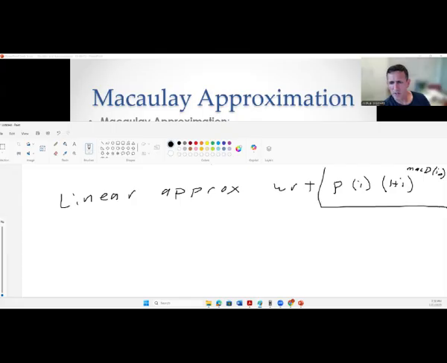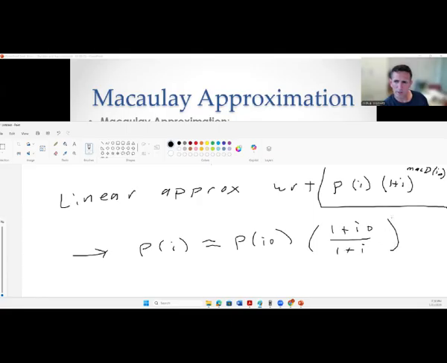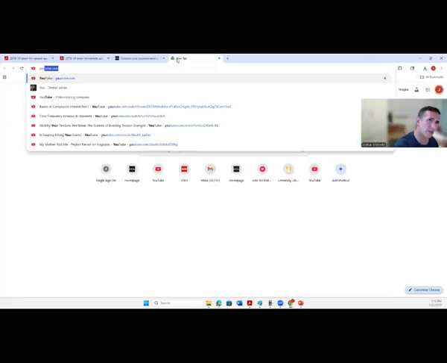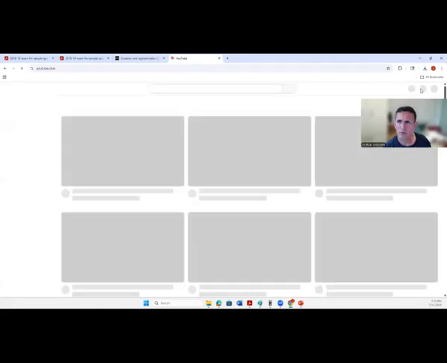You look at this function here and basically use the chain rule, taking the derivative for the linear approximation, and you solve for P of I in your linear approximation. That gives you, believe it or not, roughly P of I0 times 1 plus I0 over 1 plus I to the power of Macaulay duration. I would go look at the video if you're interested. Pretty straightforward.